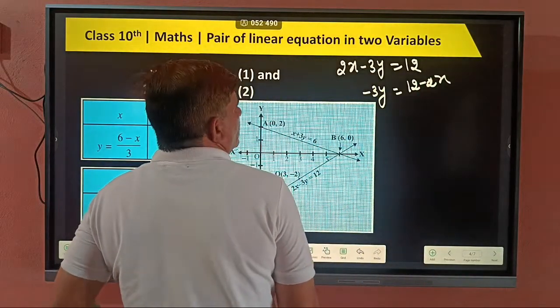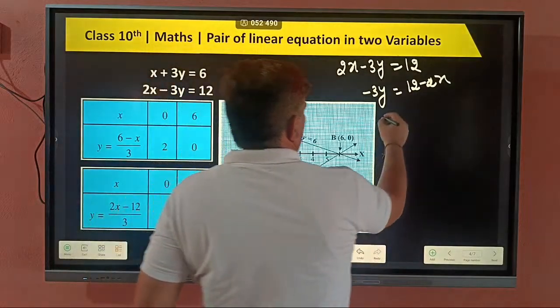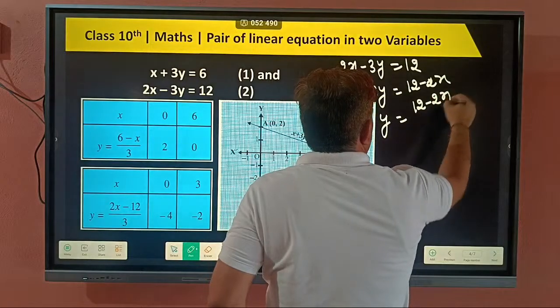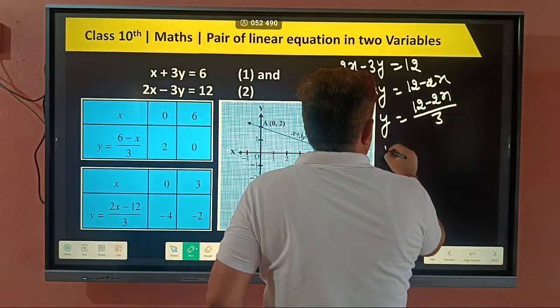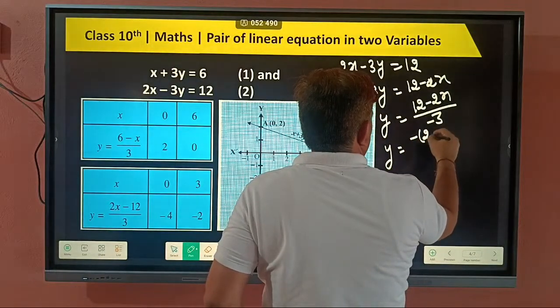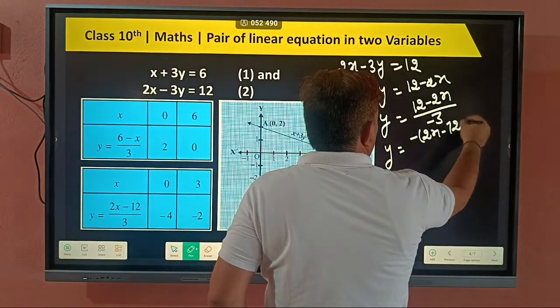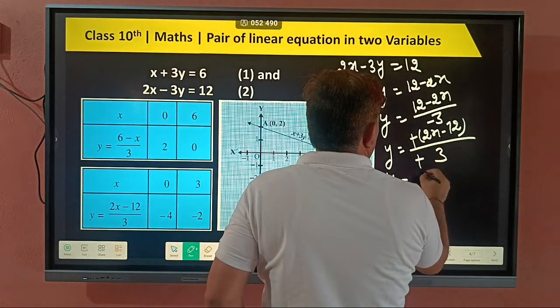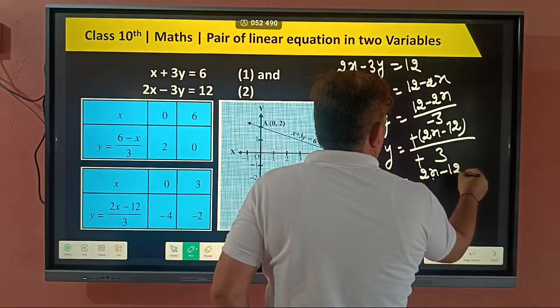So y equals 12 minus 2x by 3. Taking the minus common outside, y equals 2x minus 12 by 3, the minuses cancel.